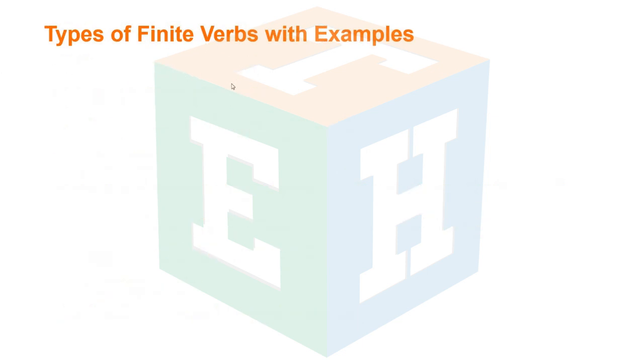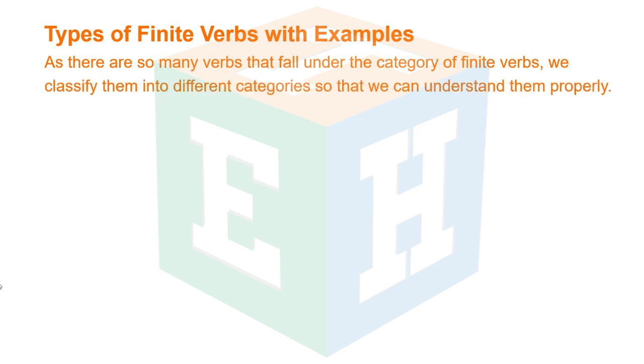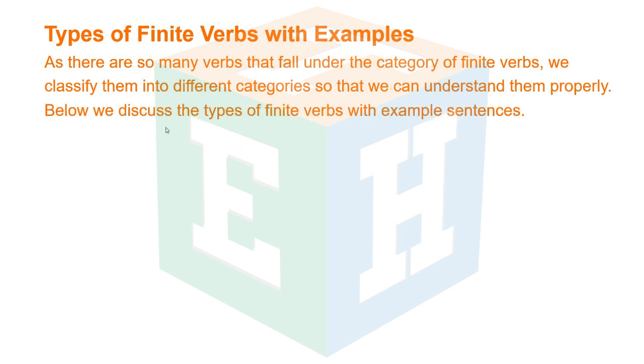Types of finite verbs with examples. As there are so many verbs that fall under the category of finite verbs, we classify them into different categories so that we can understand them properly. Below, we discuss the types of finite verbs with example sentences. A, regular verbs.